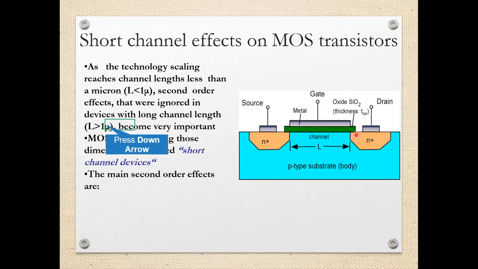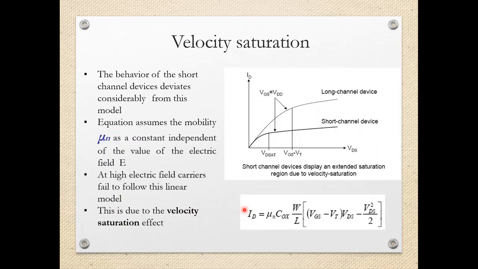MOSFETs sporting those dimensions are called short channel devices. The main second order effects are velocity saturation, threshold voltage variation, and the hot carrier effects. One by one we are going to study these effects for short channel MOS transistors.